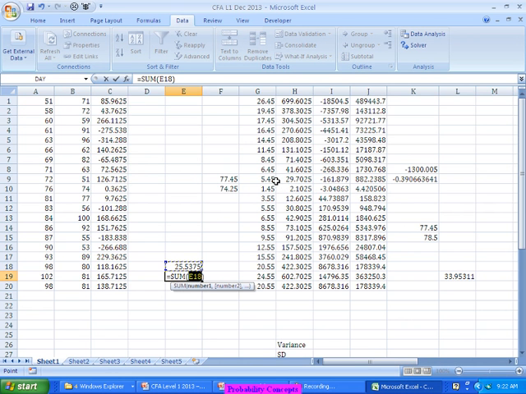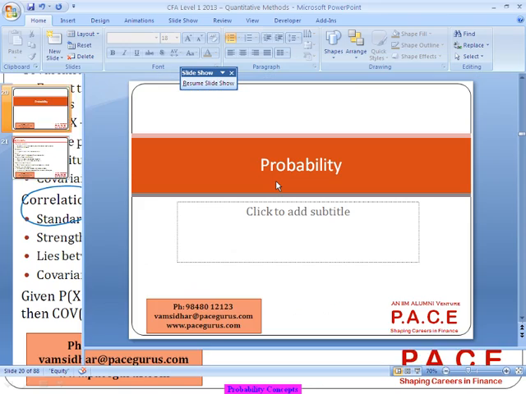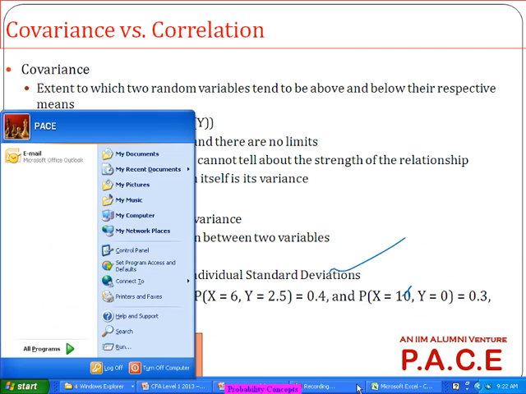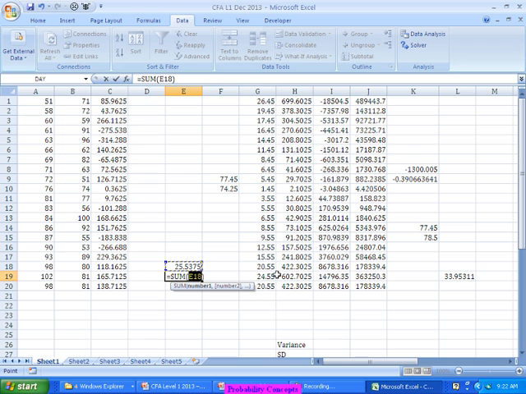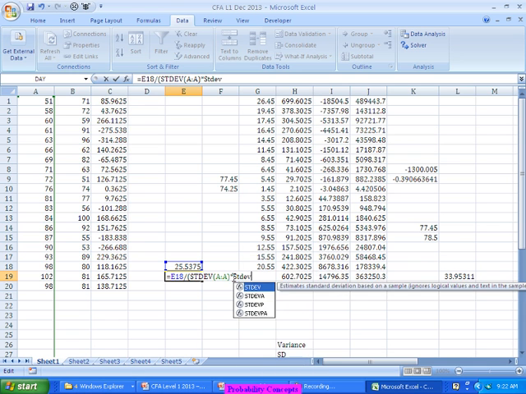Let's say if this number, let's say this number divided by, I'm just taking the standard deviation directly. Standard deviation of the first one multiplied by the standard deviation of the second one.